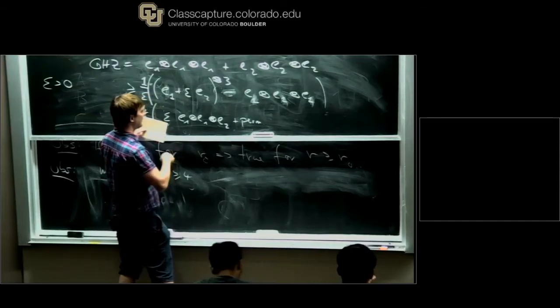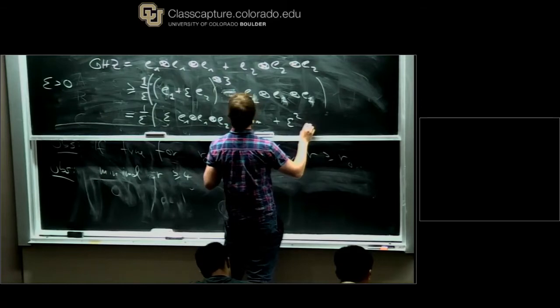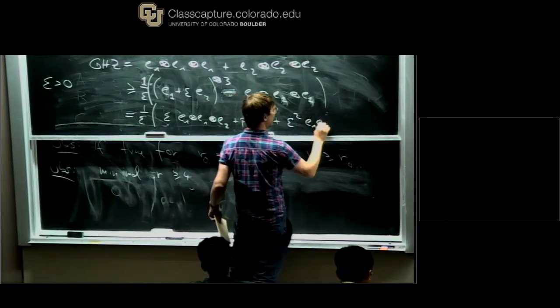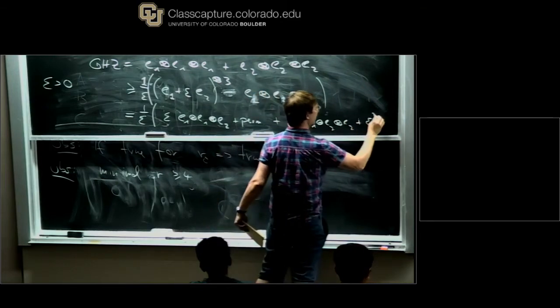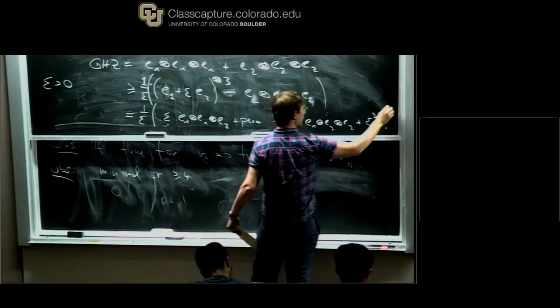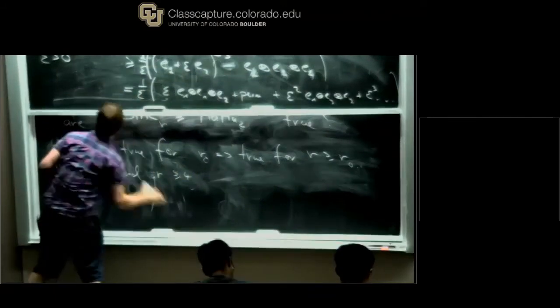And then the next term is epsilon squared times E1 tensor E2 tensor E2, plus an epsilon cubed term, but we don't care so much. So what happens now is on the next board.